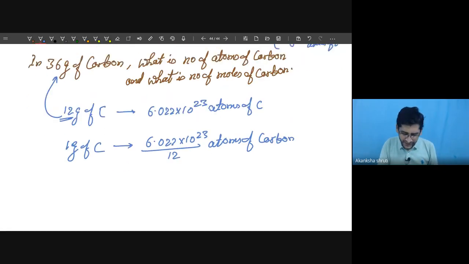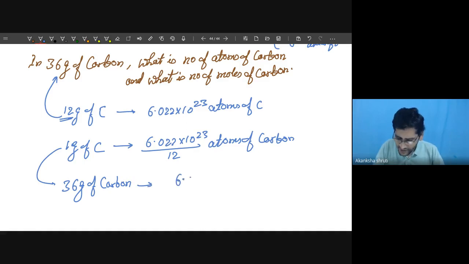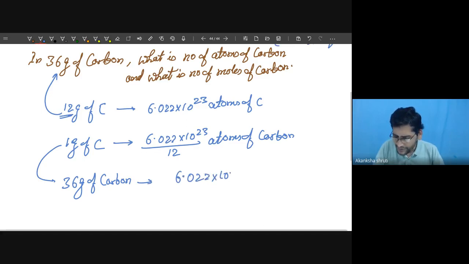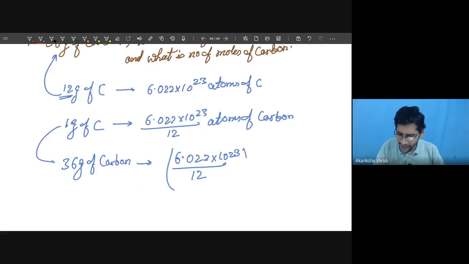Now in place of 1 gram of carbon, if I have 36 gram, I multiply by 36 gram. This was for 1 gram of carbon, so it is maintained and multiplied by 36. This many atoms of carbon we are getting.